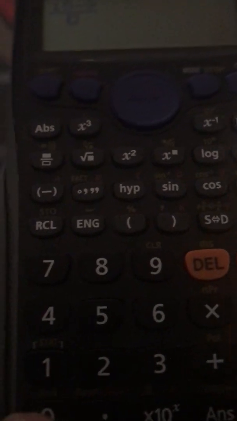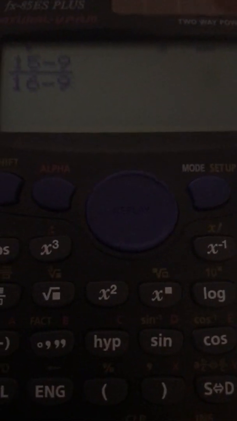So, if I do 15 minus 9 over 16 minus 9. Remember, you're always subtracting the same number.